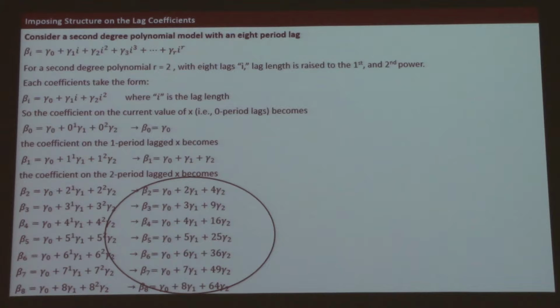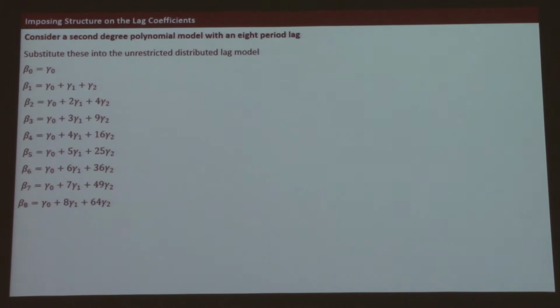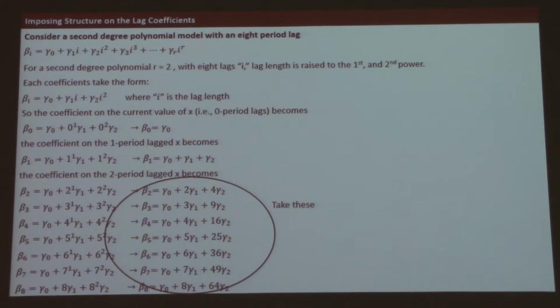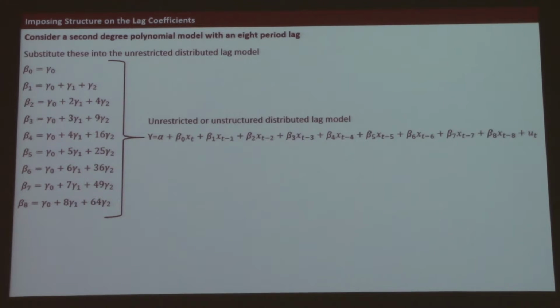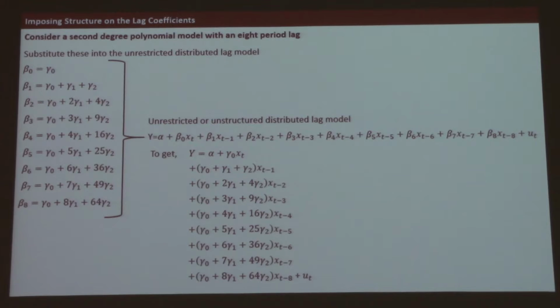So we take these, and we substitute them into the original equation. Those are the same things, I just retyped them. So there they are. We substitute these into the original unrestricted distributed lag model. And you're going to get some pretty nasty looking stuff.